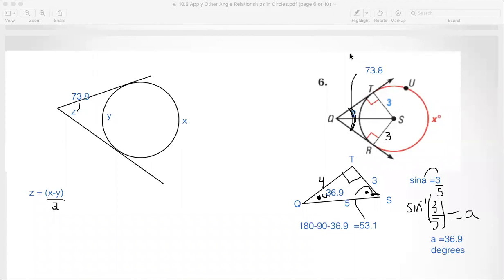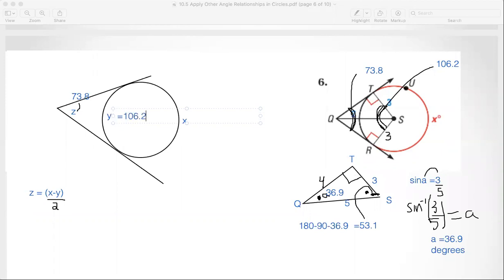So what I just got is this angle here, 106.2. Because that's a central angle, that's going to be the exact same measurement as this arc here. So that would be 106.2 as well. So we just got Y.